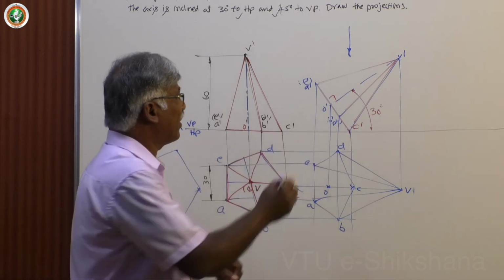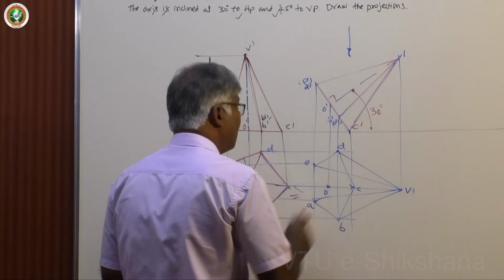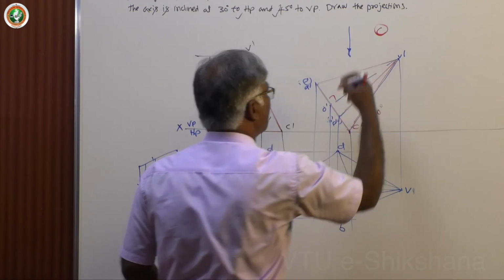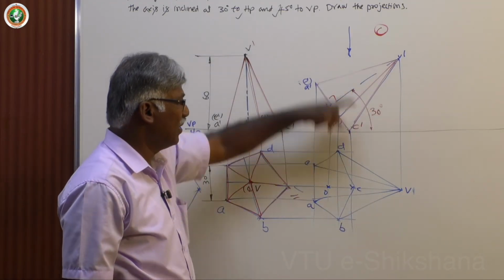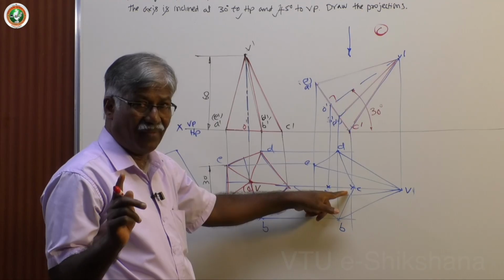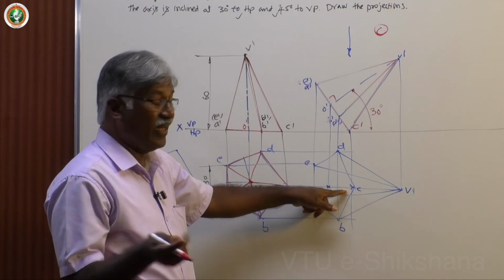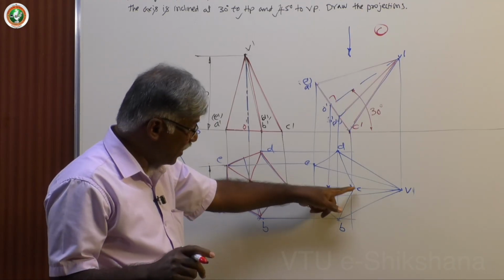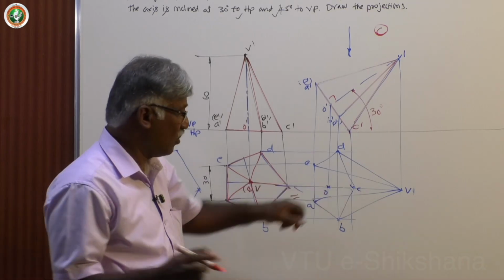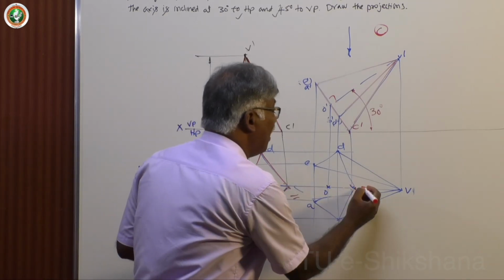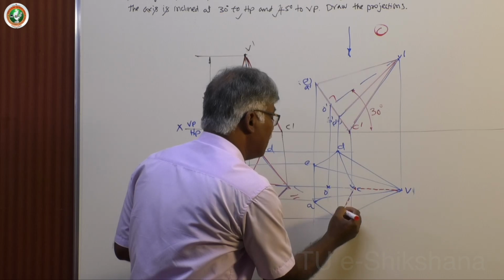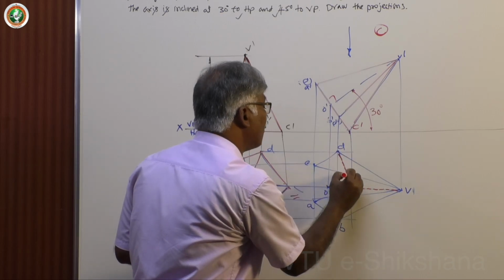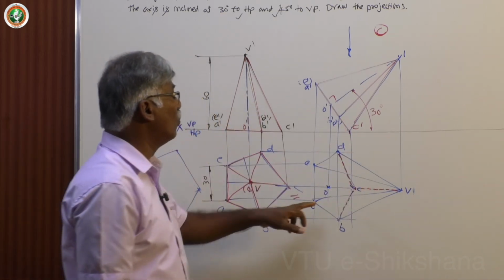Now, C is the farthest point for you. Base corner C is the farthest point from you. Here you are here. That is not visible, number 1. Any number of lines joining this particular point are not visible. So, C is not visible and these 3 lines joining this particular point, which is the farthest from you, are not visible.